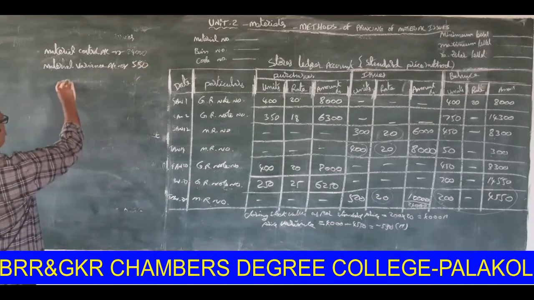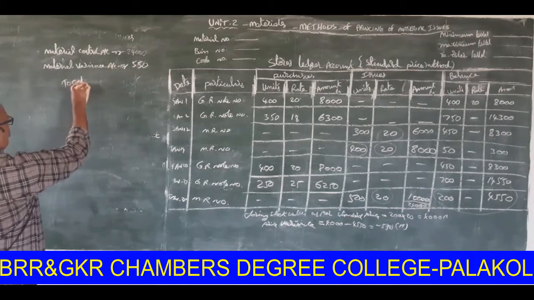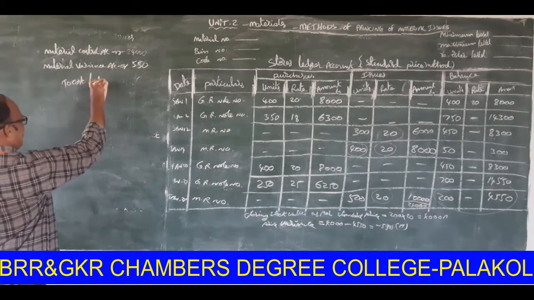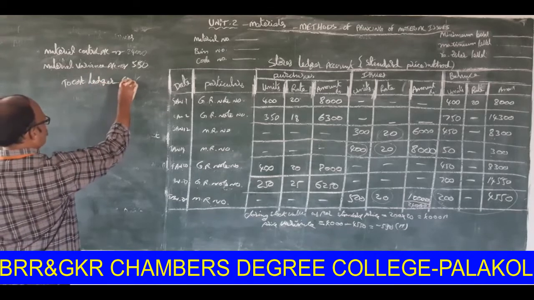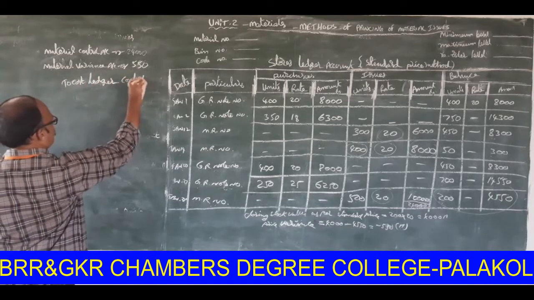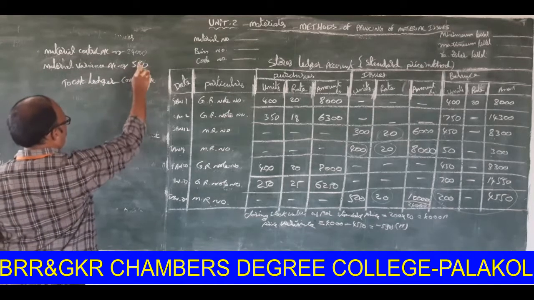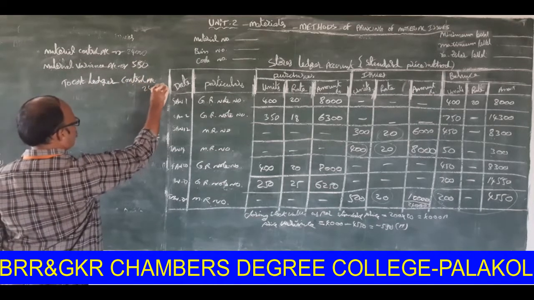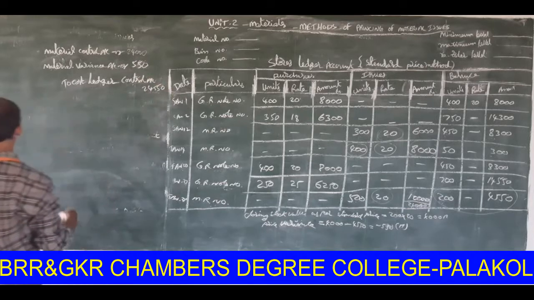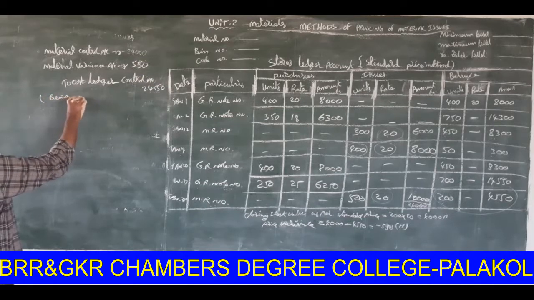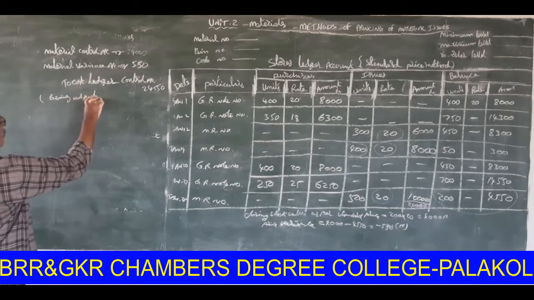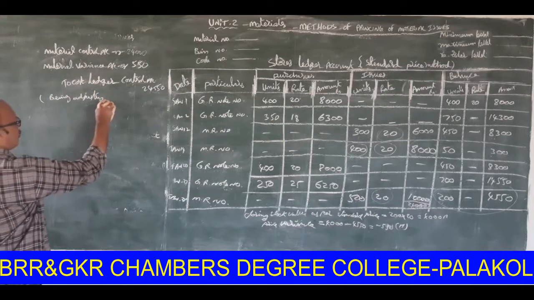To cost ledger control account, 24,550, being adjusting entry.